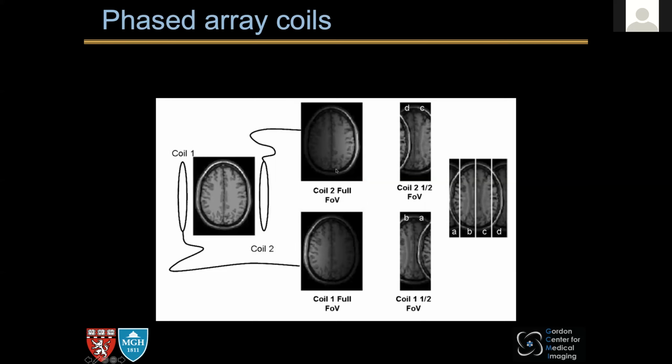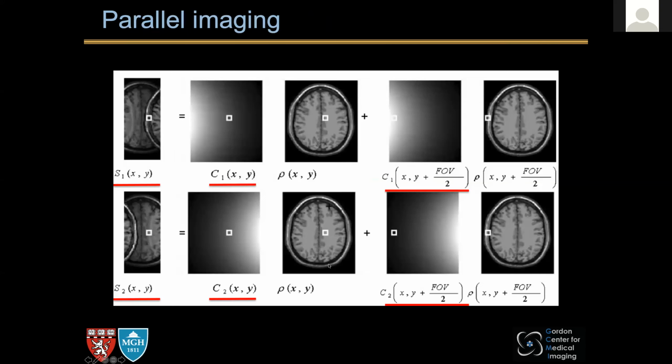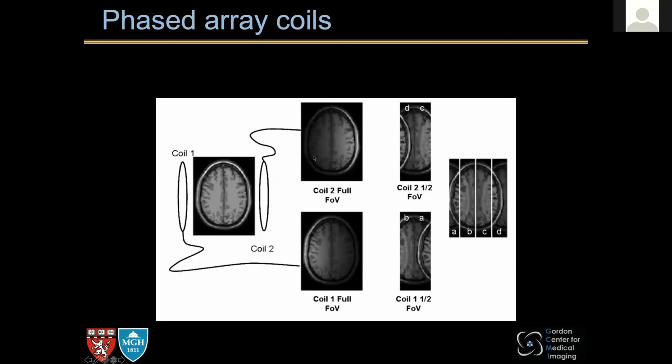The sensitivity information shown here is, very intuitively, that voxels close to the coil have higher sensitivity of receiving, so the image looks bright. Voxels far away from the coil look dark. The important thing is that different coils have different sensitivity patterns that we can take advantage of, and we can measure them in advance.